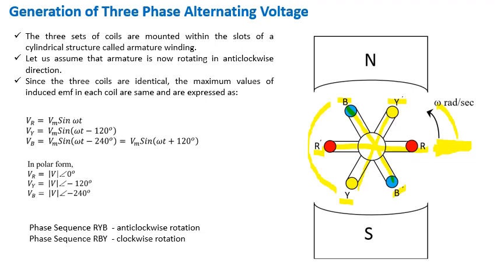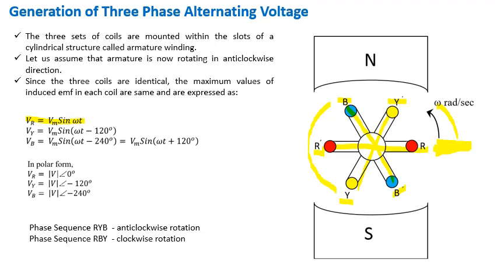It means all the three coils are identical to each other. Therefore, since they are identical in nature, the maximum values of induced EMF in each coil will be the same, and that is expressed as per this equation. Suppose we consider that R phase voltage is the reference. So induced EMF in R dash is represented by Vm sin omega t.